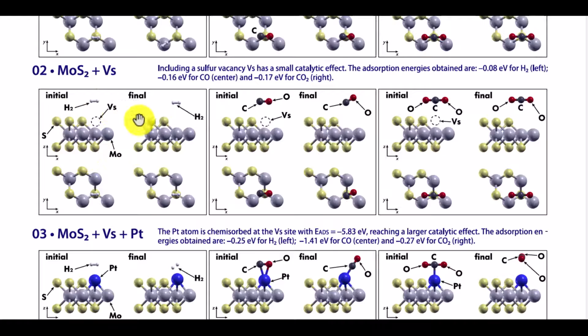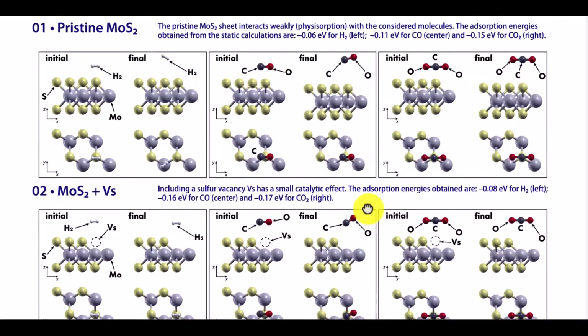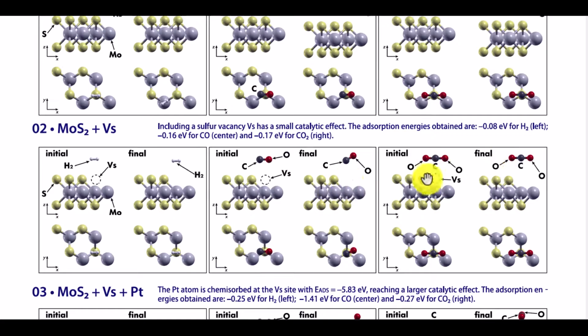As you can see here, when compared with the first case, we have a slight, very tiny increase in the adsorption energies. For example, in the first case, we have an increase of 0.02 electron volts with respect to the pristine case, and we have something similar for the next two cases.